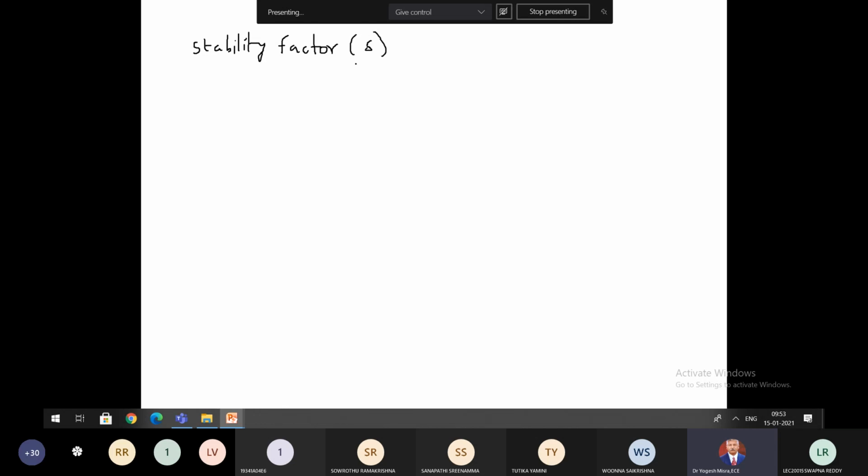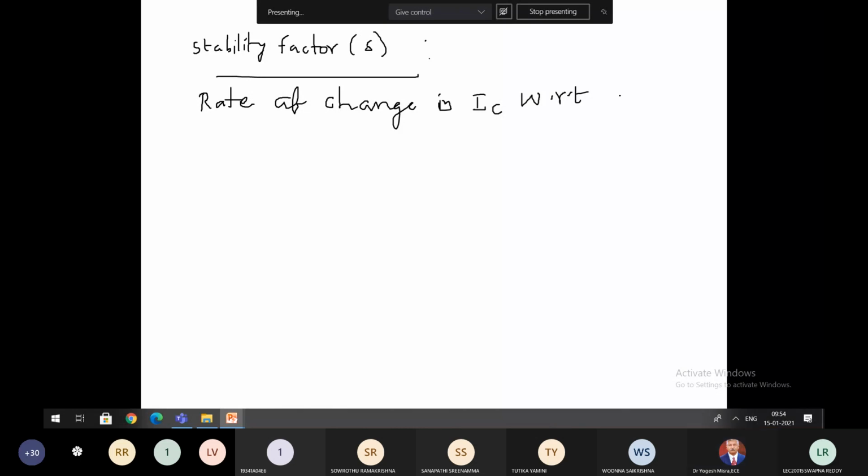Stability factor S. So what is this? It is the rate of change in IC with respect to the change in leakage current, that is ICBO, and this can also be written as ICO in some books.